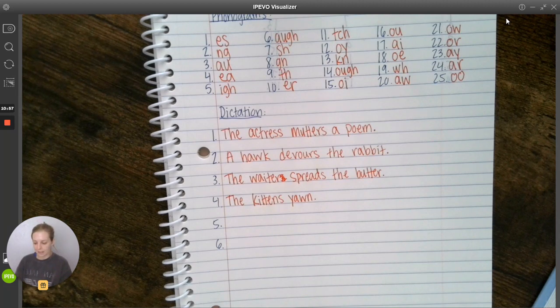Number 5, the visitors devour the muffins. The visitors devour the muffins.